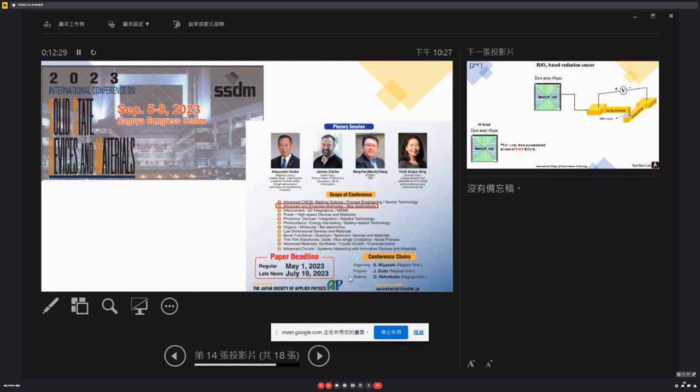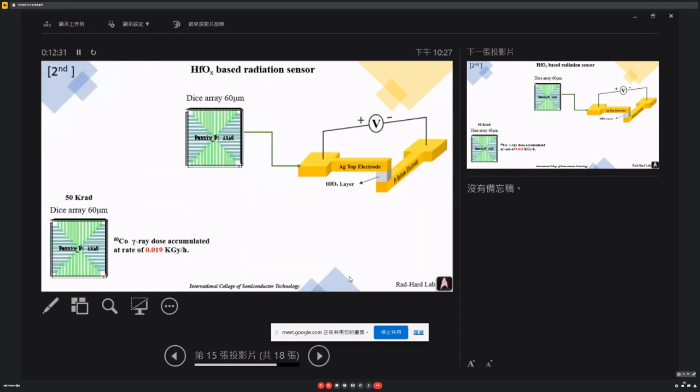Next is my second device with radiation, called the hafnium-based radiation sensor. My purpose here is to investigate the radiation sensor and how it accumulates. This device was fabricated by a different group.